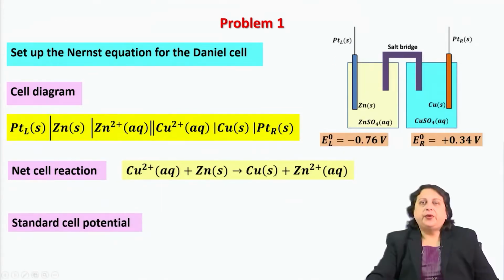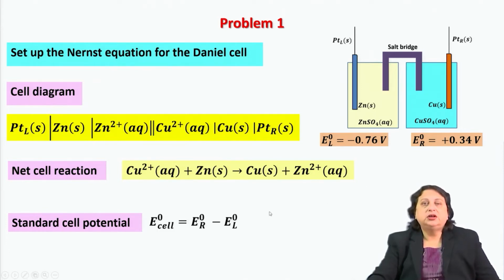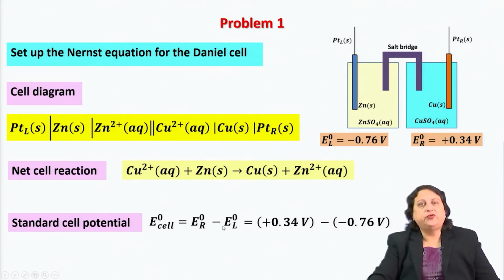So, now from the given values of the standard electrode potentials E naught L and E naught R, I can go ahead and find out E naught cell as E naught R minus E naught L. So, if I put in the values, that would be plus 0.34 volt for E naught R and minus 0.76 volt for E naught L. But as you see, there are two negative signs over here.